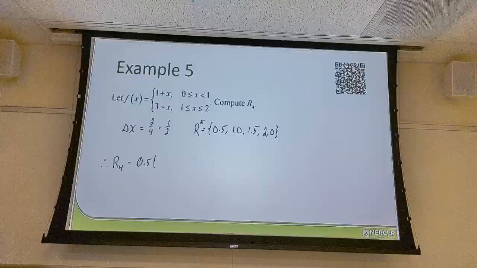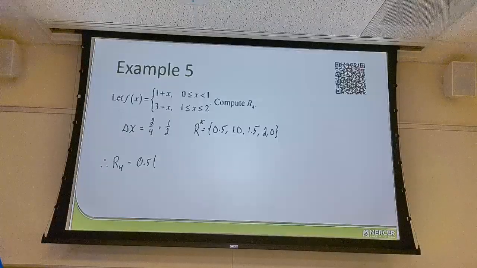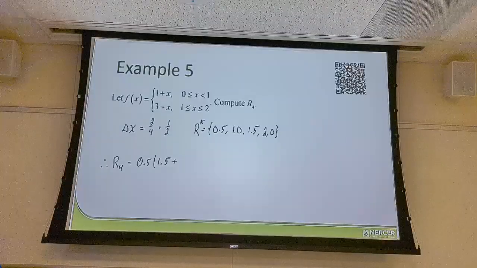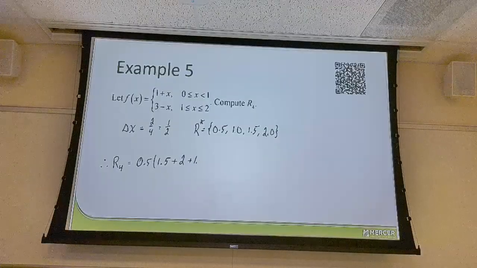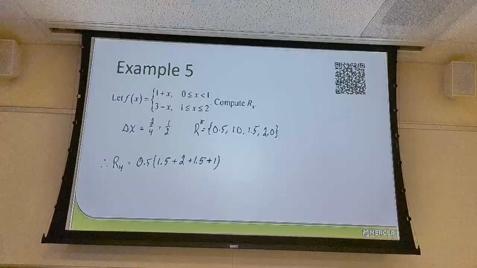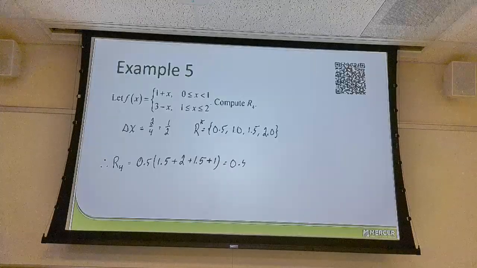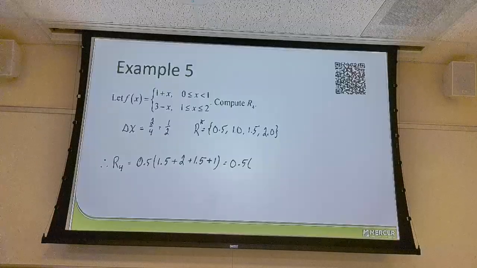So f of 0.5 is 1.5. f of 1.0, 4.2. f of 1.5 would be 1.5. f of 2.0, that's 3, 5, 6.